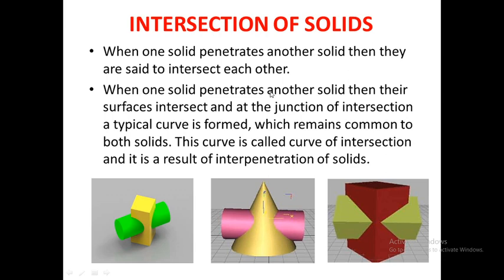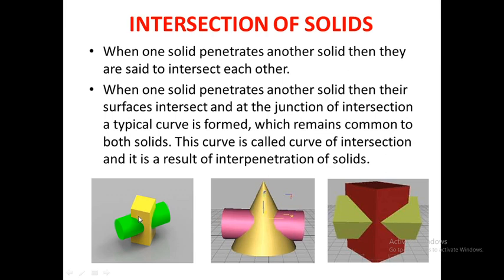When one solid penetrates another solid, then their surfaces intersect, and at the junction of intersection, a typical curve is formed. You can see here that when this cylinder intersects with this vertical square prism, the lateral surface of the cylinder as well as the lateral surface of the square prism intersect each other.